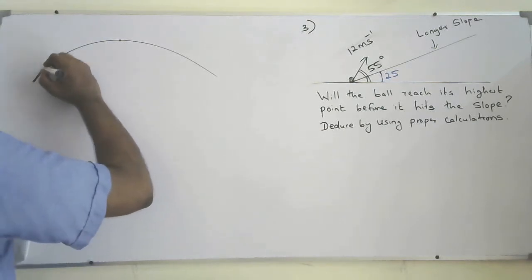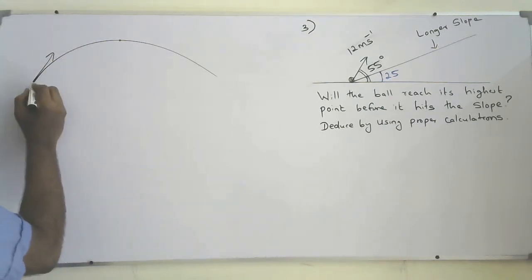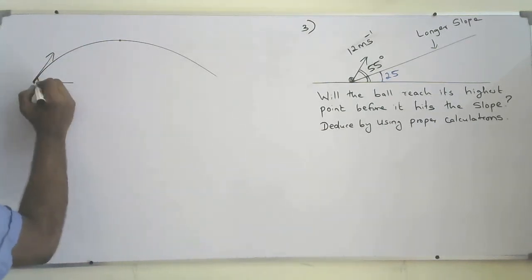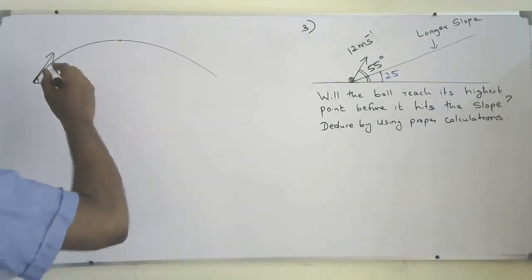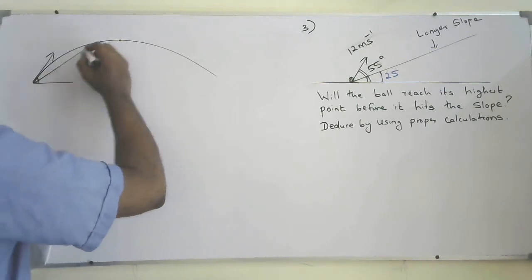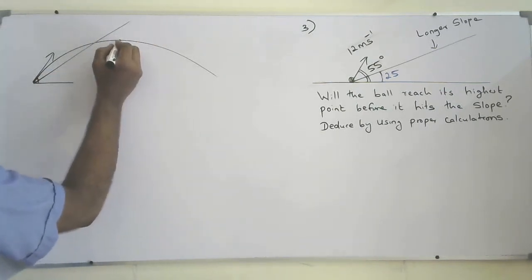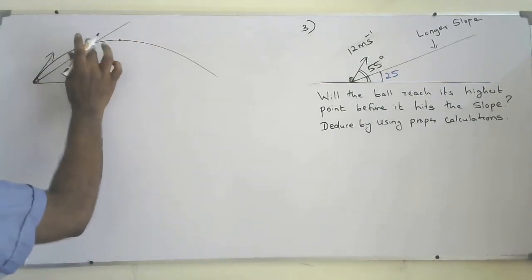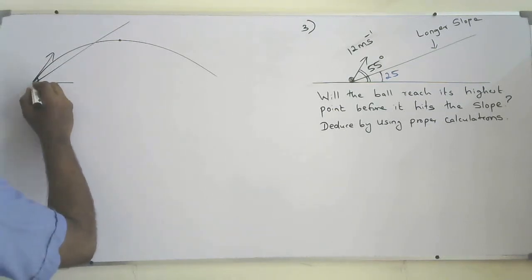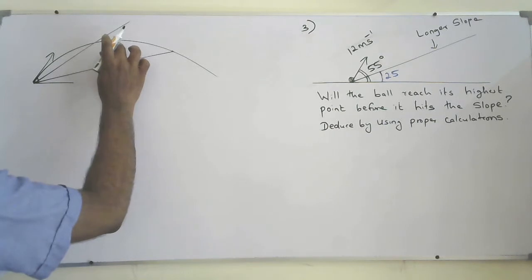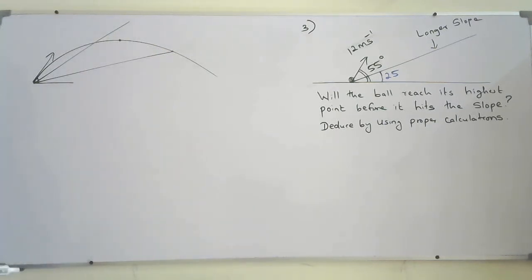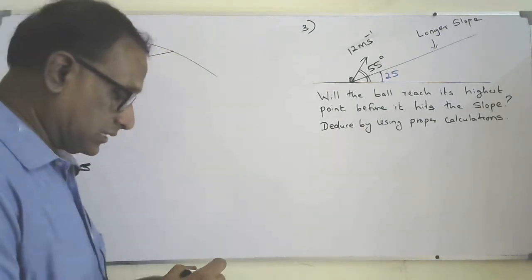The ball was projected from here at 55 degrees to the horizontal. We don't know the length of the slope, but if the slope is something like this, then before it reaches the highest point, the ball will hit the slope. But if the slope is something like this, the ball will reach the highest point before hitting the slope. What will happen? That's the question.